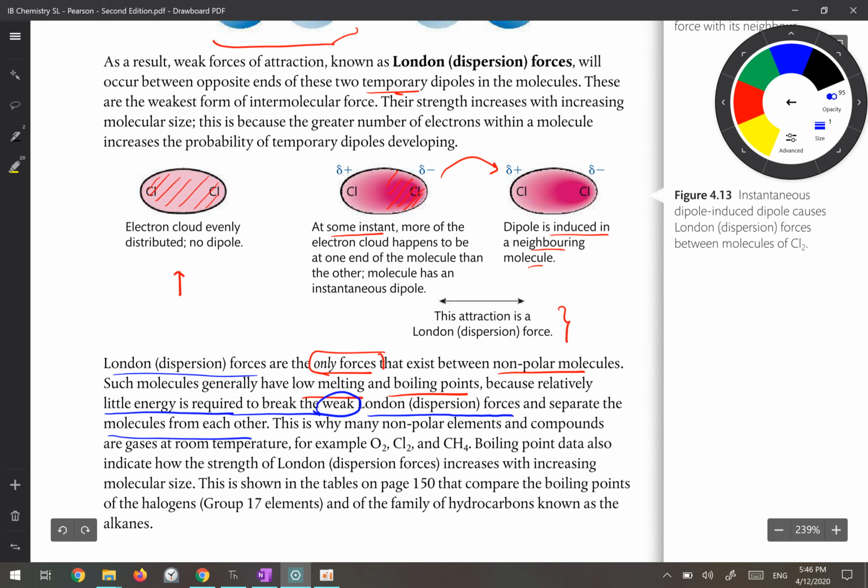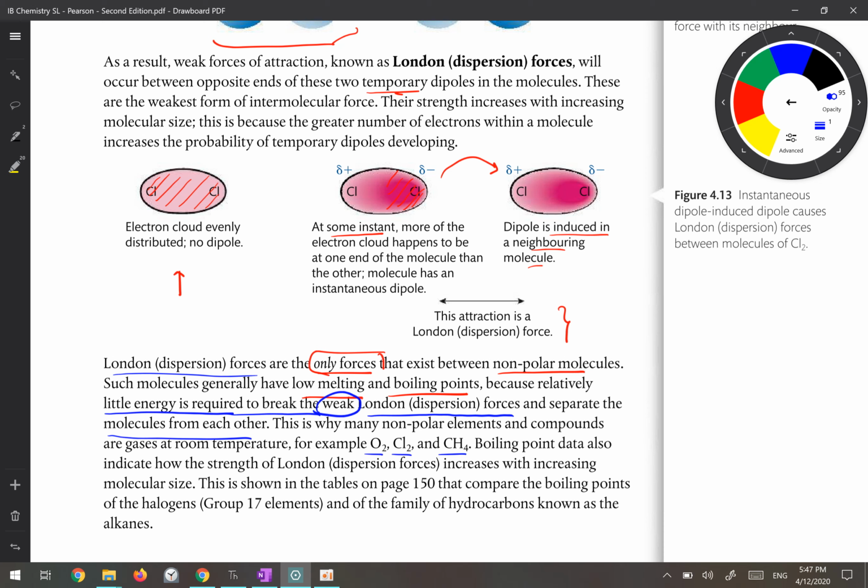When you separate the molecules from each other, they become gas. At room temperature there is enough heat or thermal energy to overcome the London dispersion force between non-polar molecules. That's why most non-polar molecules like O2, Cl2, CH4, N2, and carbon dioxide are gas at room temperature.